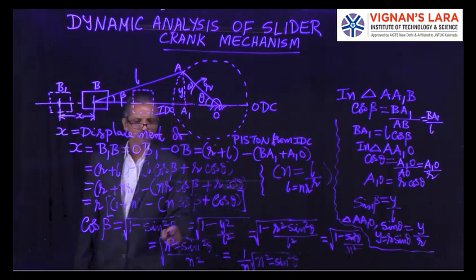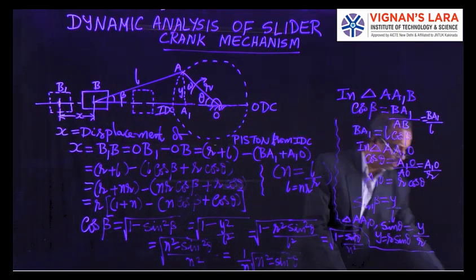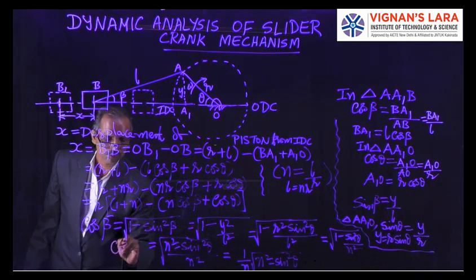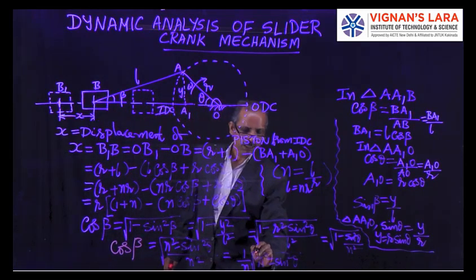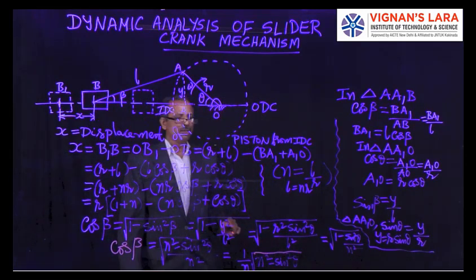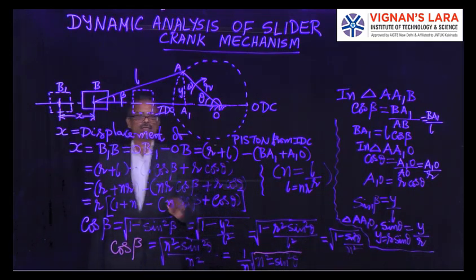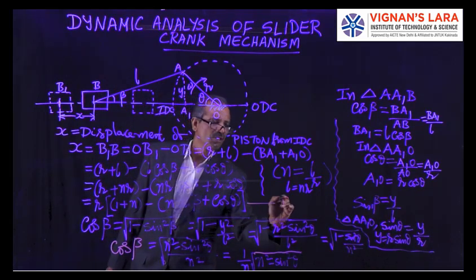So cos beta is equal to 1 by n into root over n square minus sine square theta. Let me call this equation 1.